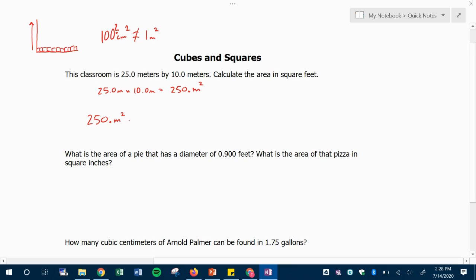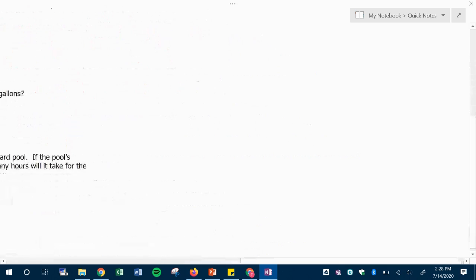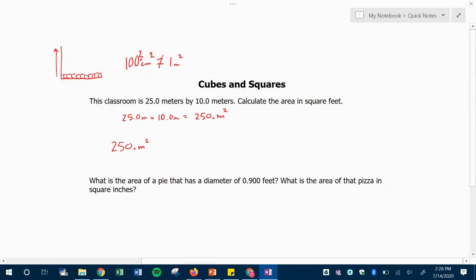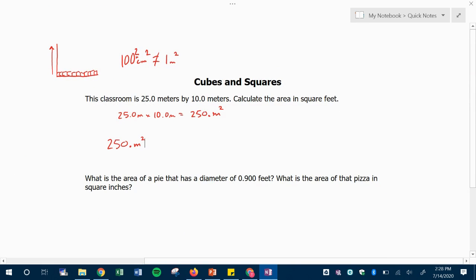All right, so now that we have 250 square meters and we're trying to get to feet, remember the big conversion factor that allows us to switch between the metric system and the American system is that there are 2.54 centimeters for every 1 inch.